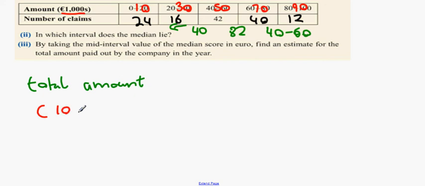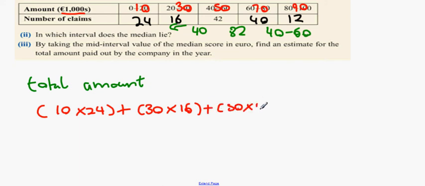So it's going to be 10 by 24 plus 30 by 16, because 16 claims by 30,000. 50 claims by 42, not 45, 42, plus 70 claims by 40, plus 90 claims by 12.